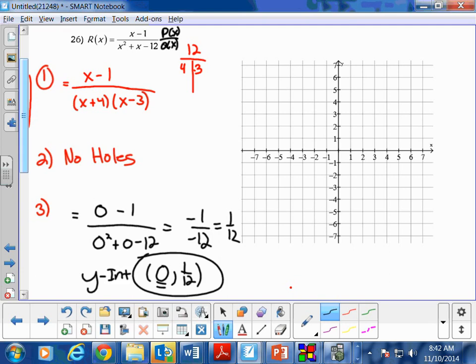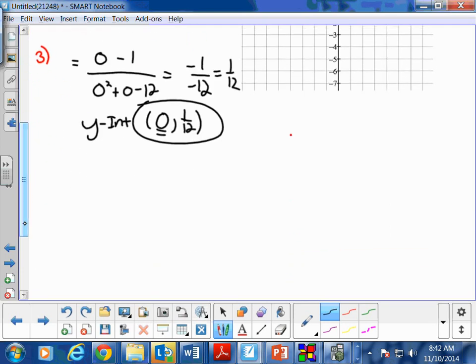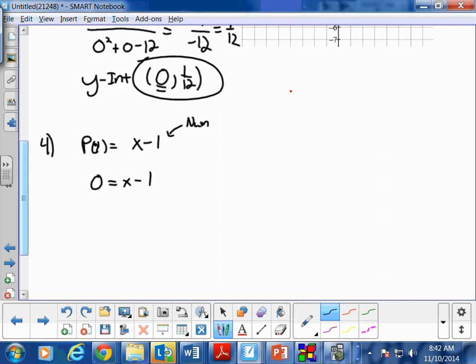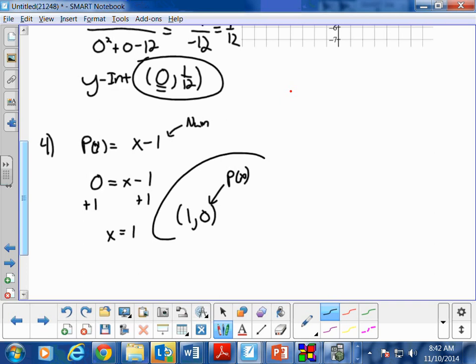So p of x is equal to x minus 1, which is the numerator, and I'm going to set that equal to 0. So 0 is equal to x minus 1. If you had two terms on top, you would set each equal to 0. We find that x is equal to 1, which means you have an x-intercept at 1, 0. That's what it means by setting p of x equal to 0, and that's how you find the x-intercept.